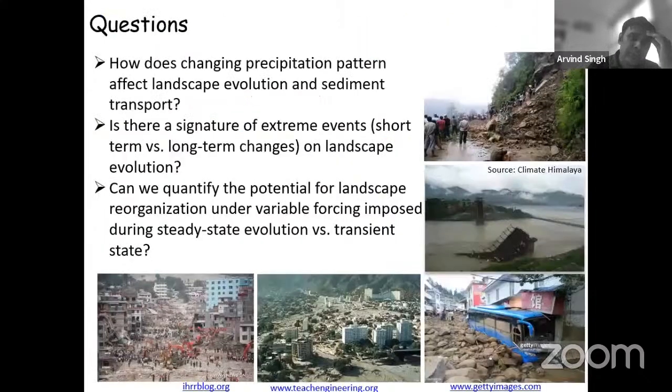The specific question is: how does changing precipitation pattern affect landscape evolution and sediment transport?